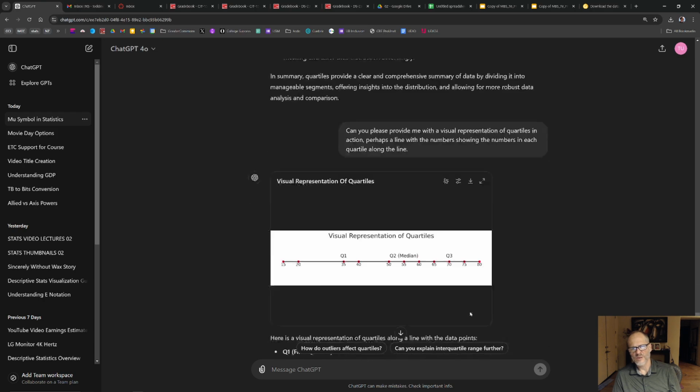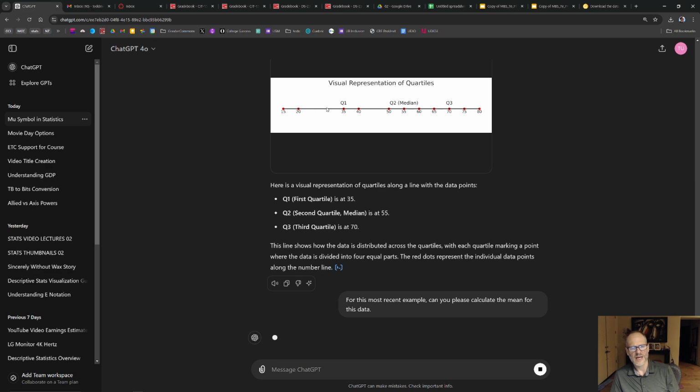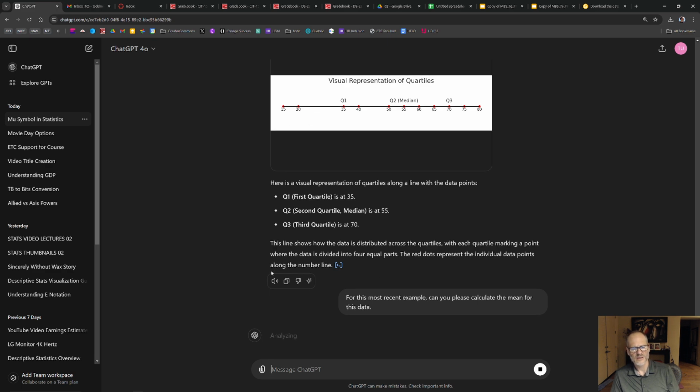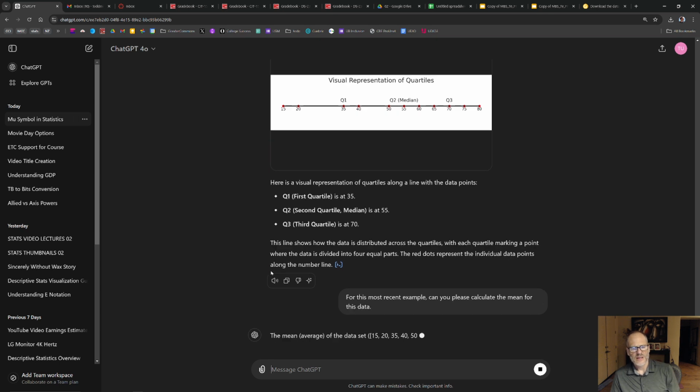So here, if we were to calculate the mean, for this most recent example, can you please calculate the mean for this data? And we'll see if it actually picks up these data points here or goes somewhere else to get it. We'll let that run for a second, but it'll be interesting to look at the mean here.